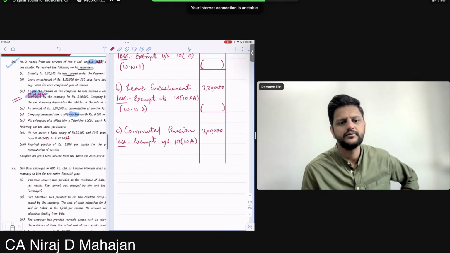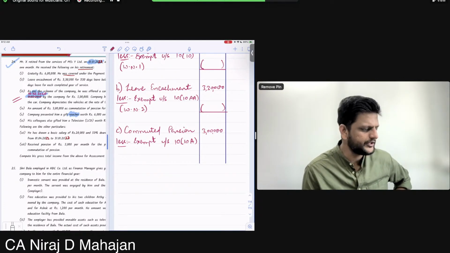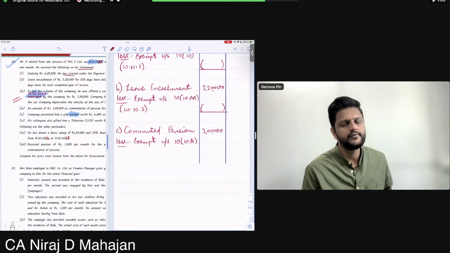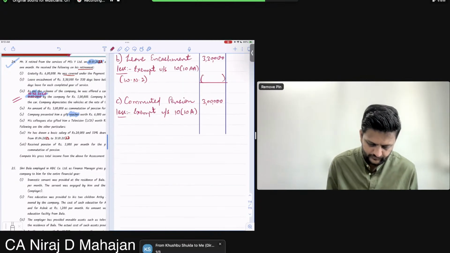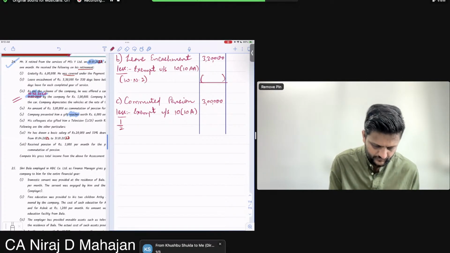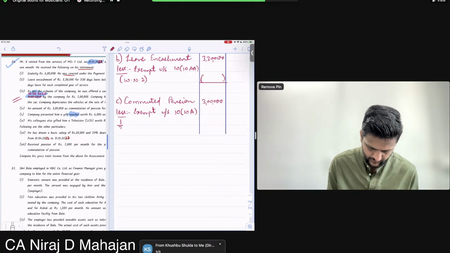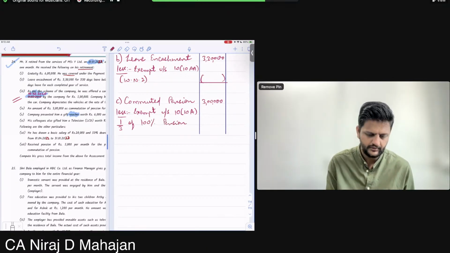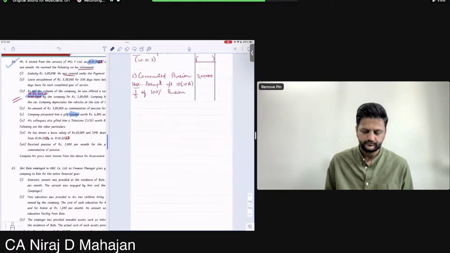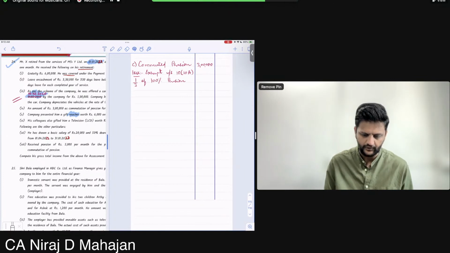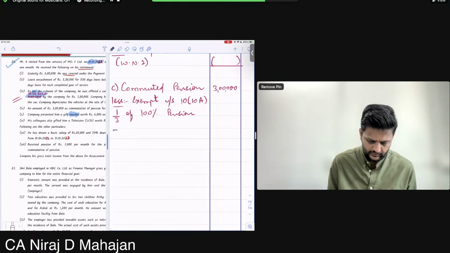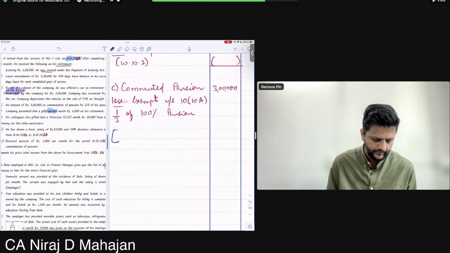Answer is yes. So how much, बच्चों? 1/3 or 1/2? 1/3 will be exempt, okay? Now, this 3 lakh is 2/3, no?